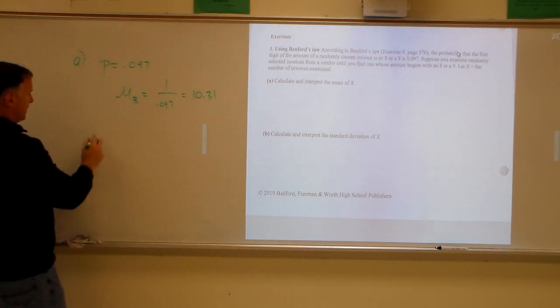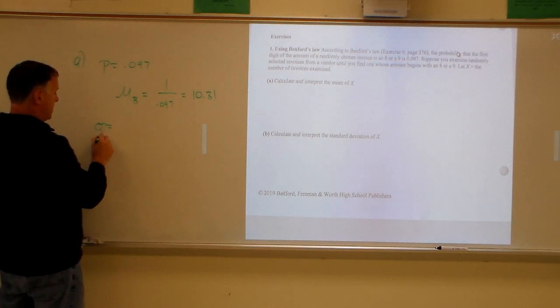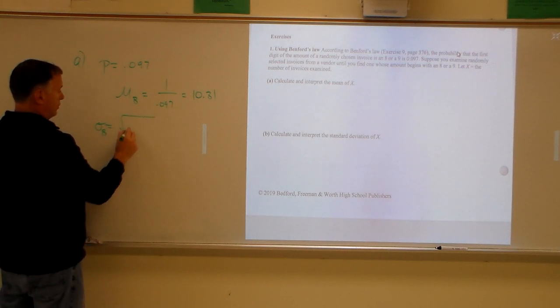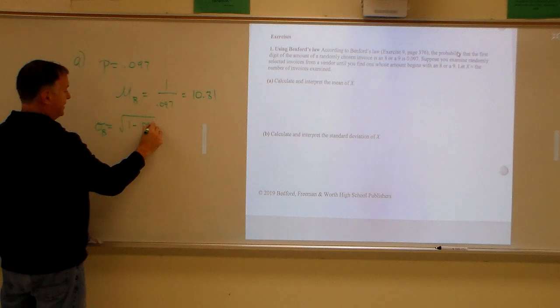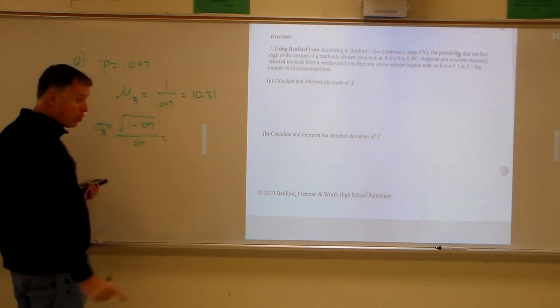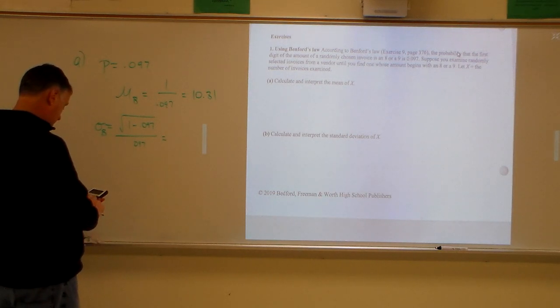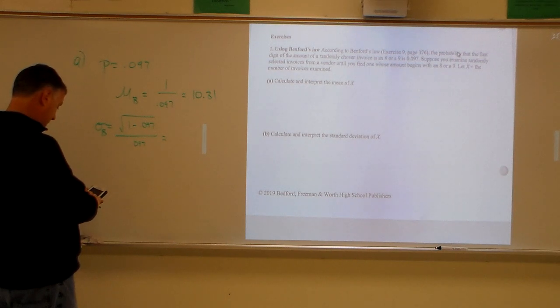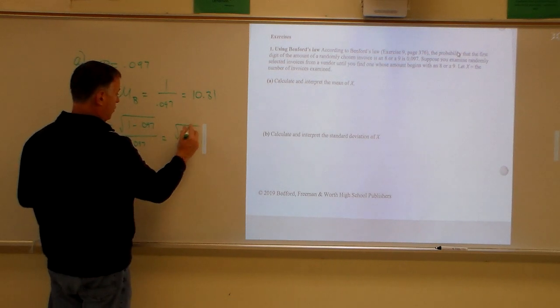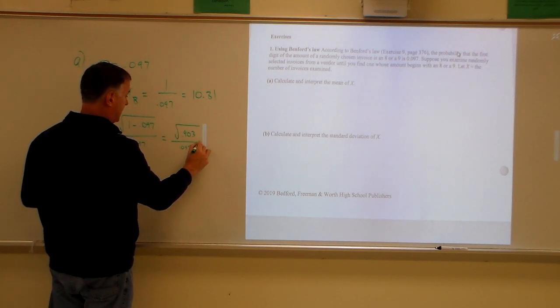Here's my mean. Now, the standard deviation of B. Square root of 1 minus 0.097, take that whole thing and divide by 0.097. I'm going to show you why it's different from the other thing we're talking about. So 1 minus 0.097 is 0.903. This is going to be the square root of 0.903, and then dividing that by 0.097.